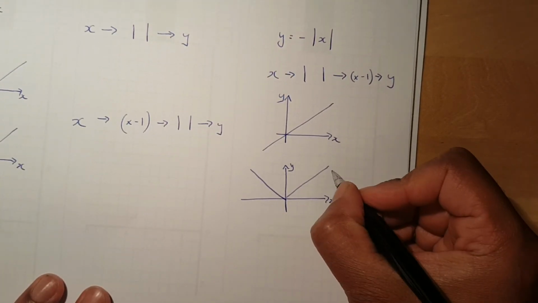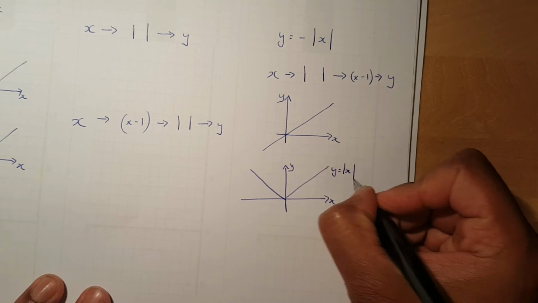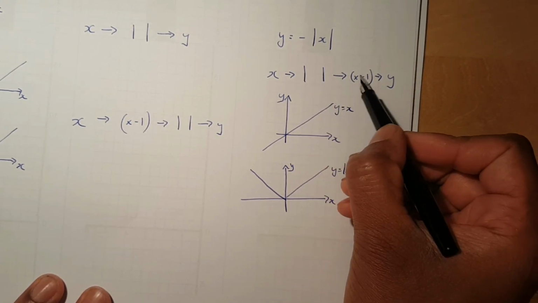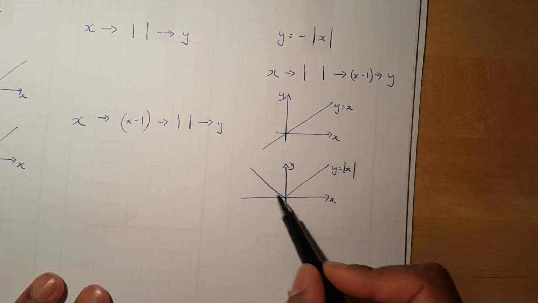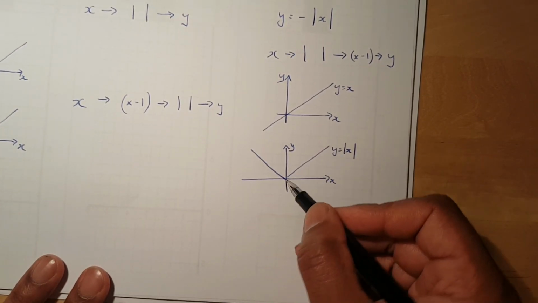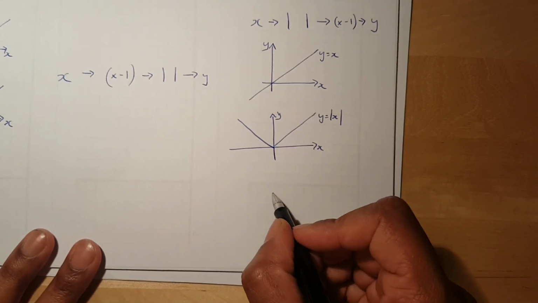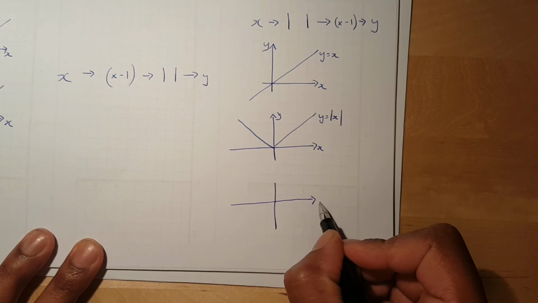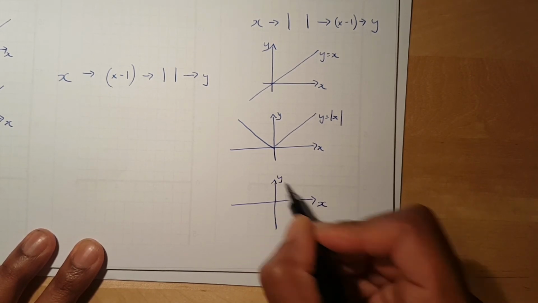So this graph is then y equals the modulus of x. So I take the modulus, then I multiply by -1. What I have here then is the y value of each of those multiplied by -1. It is in fact a coefficient of -1 in front of the y.